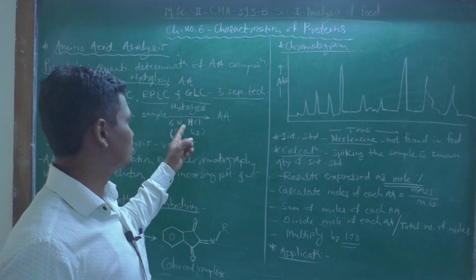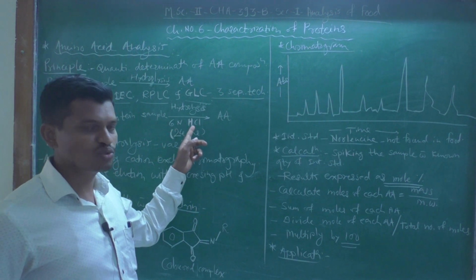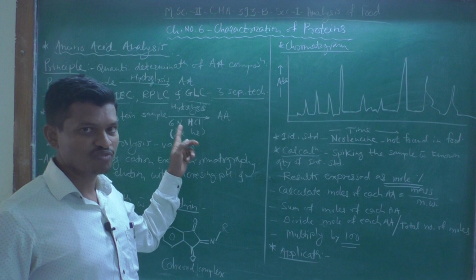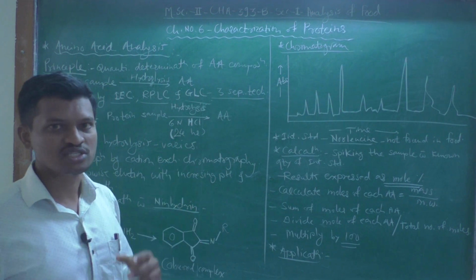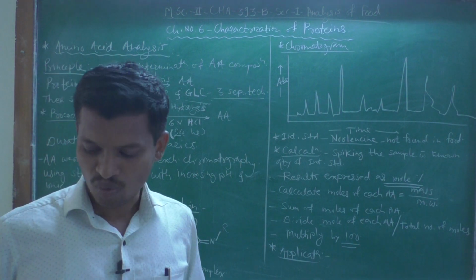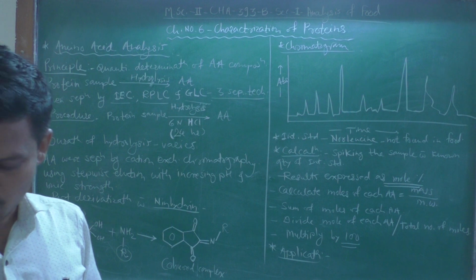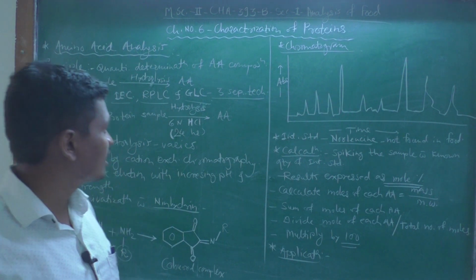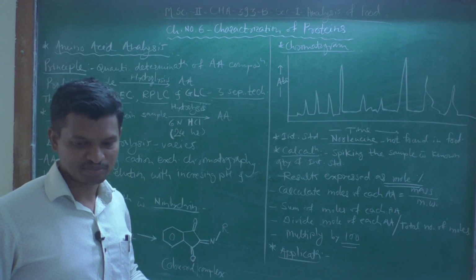The acidic condition is maintained using 6 normal hydrochloric acid, and this hydrolysis is carried out for a consecutive 24 hours. After hydrolysis we get a mixture of amino acids.